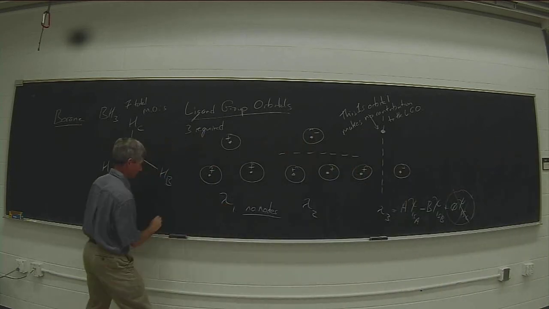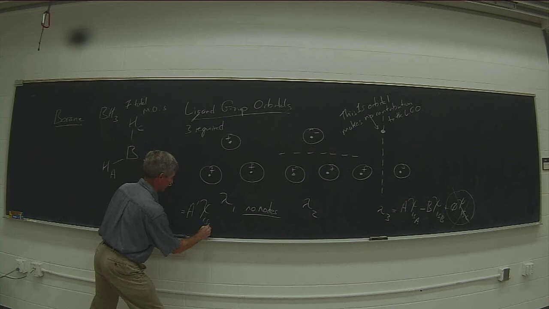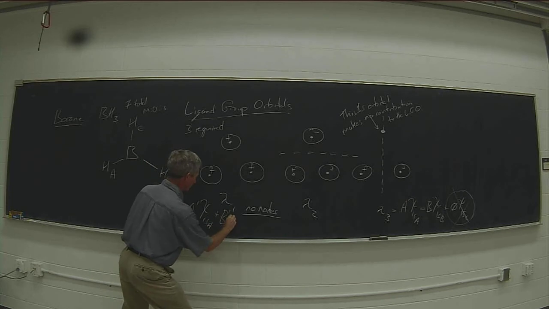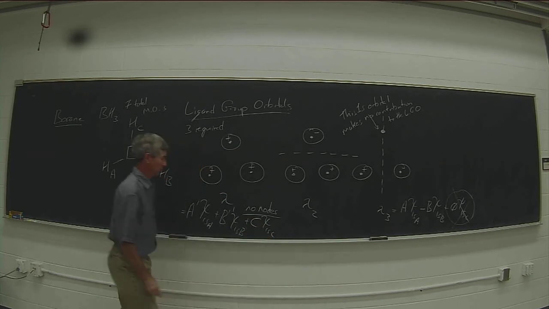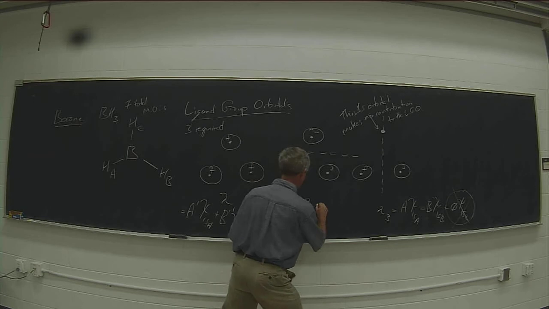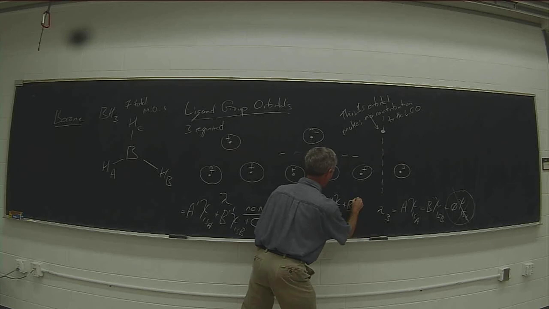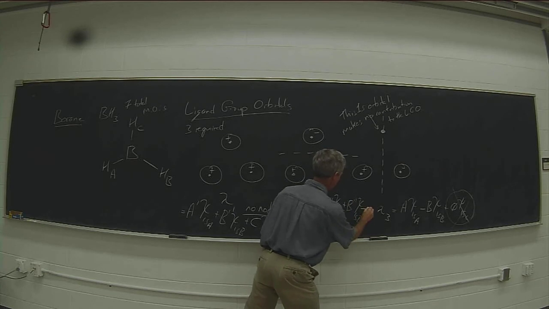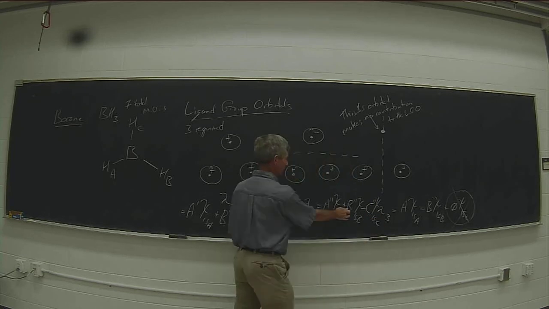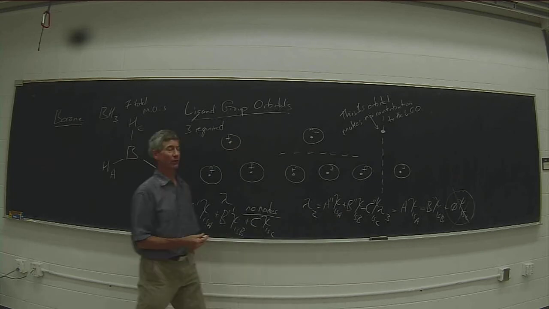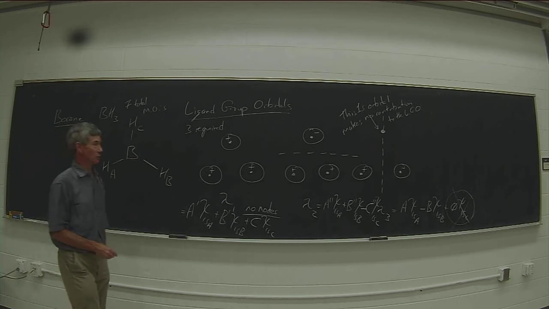Lambda 1 is equal to some coefficient times psi 1s A plus some coefficient times psi 1s B plus some coefficient times psi 1s C. And lambda 2 is equal to some coefficient times psi 1s A plus some coefficient times psi 1s B minus some coefficient times psi 1s C. So these 2 are in phase, but they're out of phase to the 1s orbital on hydrogen C. We've now created those 3 ligand group orbitals.